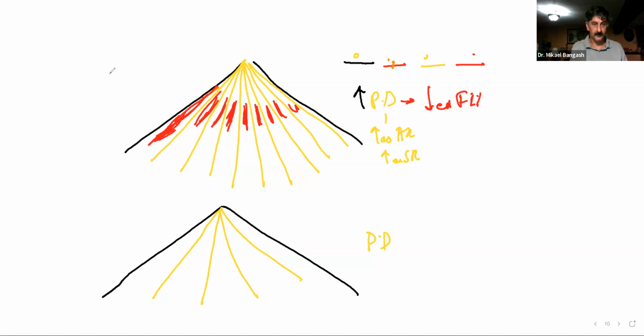For simplicity, let's label them A and B. What do you have in A and what do you have in B? In A, we have a great pulse density, right? Compared to that, in B we have a low pulse density. Did that make sense?